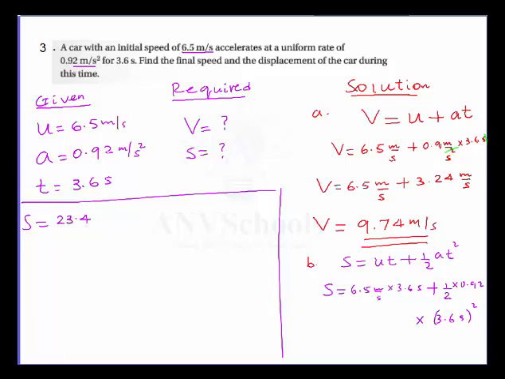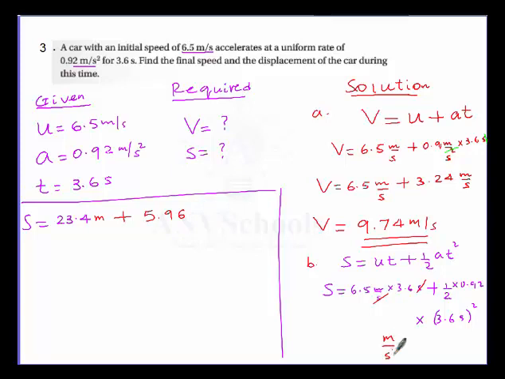Now you can cancel the second by second, finally you will have meters, plus 3.6 times 3.6, multiplied by 0.92, and divide the answer by 2. This will give us 5.996, let's say 6.